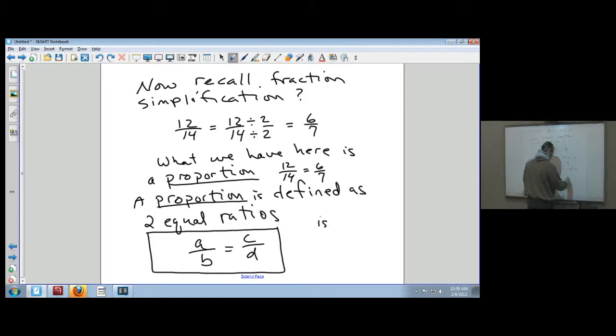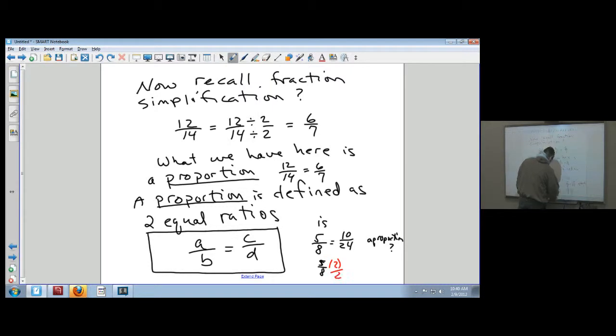Here's an aside note. Is 5/8 equal 10/24 a proportion? Well, if we look, when we multiply 5 over 8, if I want to get to 10, then I would multiply the numerator by 2, right?